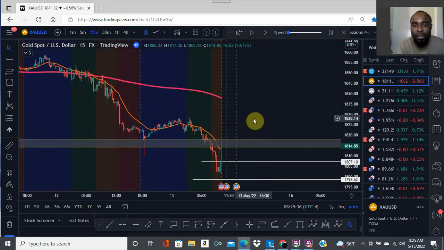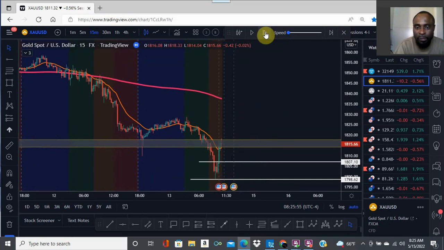I waited, I got into the golden zone, but I also waited right here. Now I didn't do a buy limit. It was just a market entry because of what happened. It came here, I think it paused slightly, and then it just went.